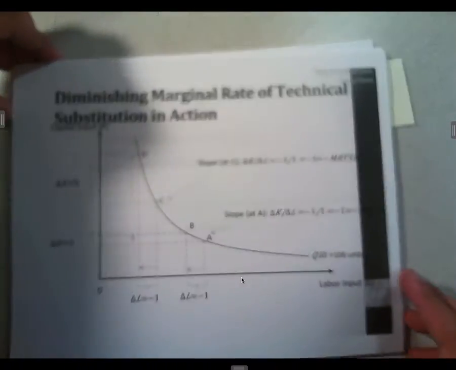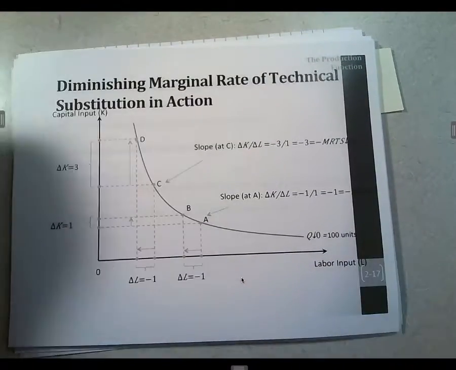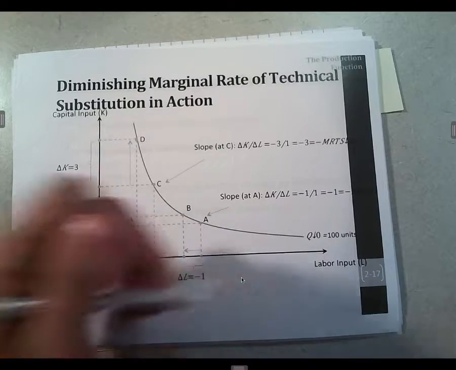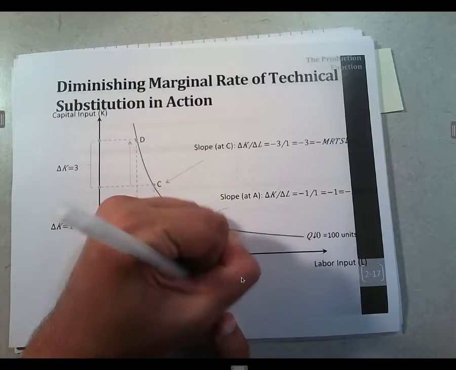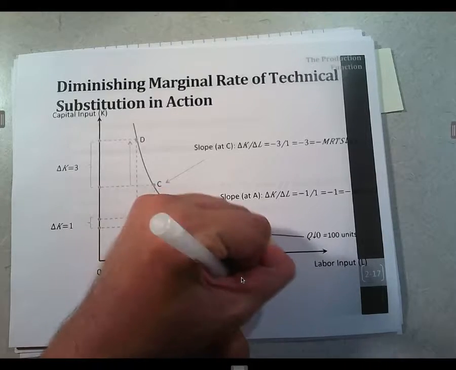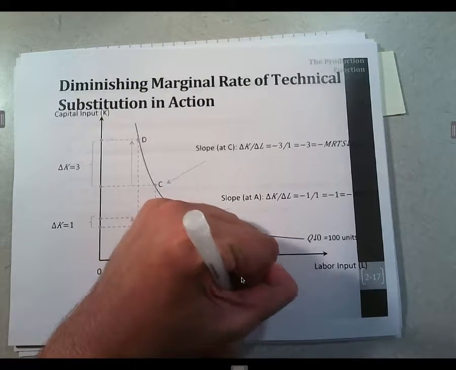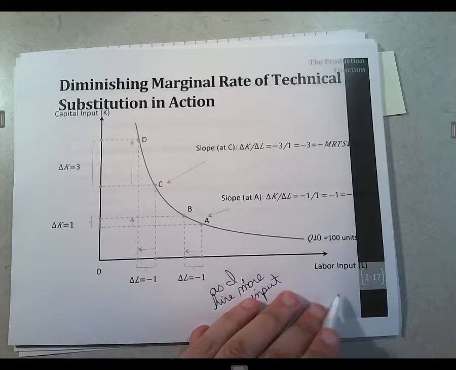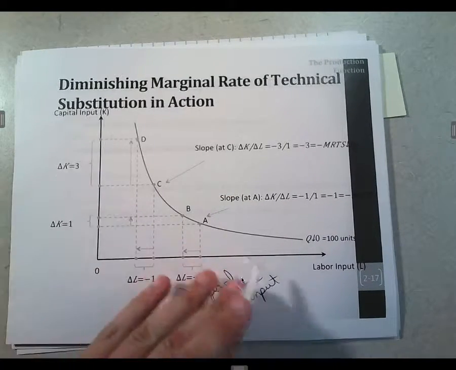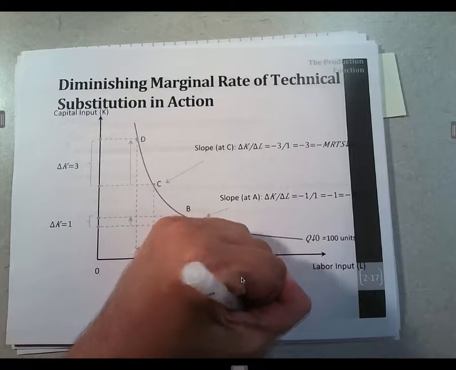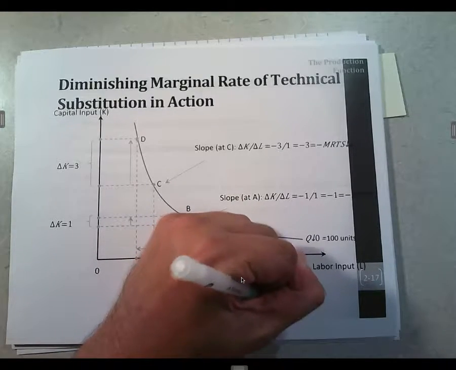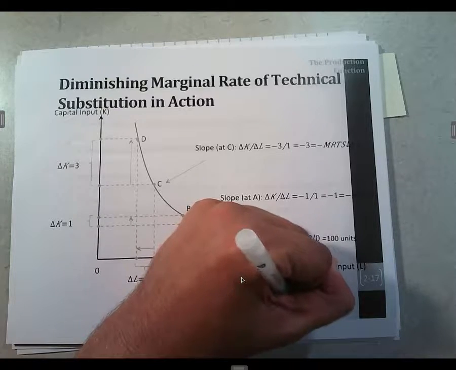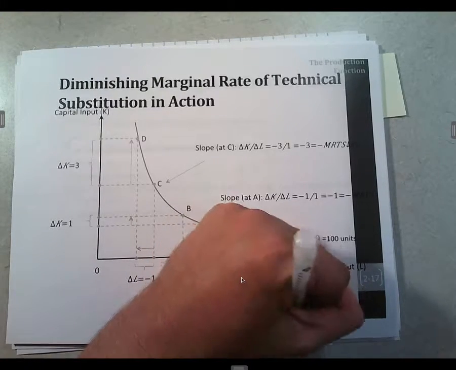What you see along the ISO quant is that the slope is getting flatter and flatter. Essentially, as I hire more and more of an input, whether it's labor or capital, I get less and less of an increase in the output.